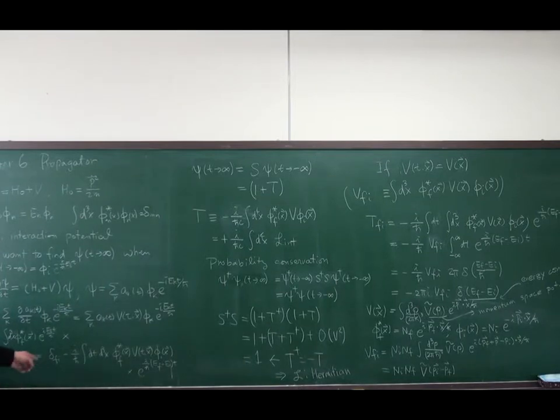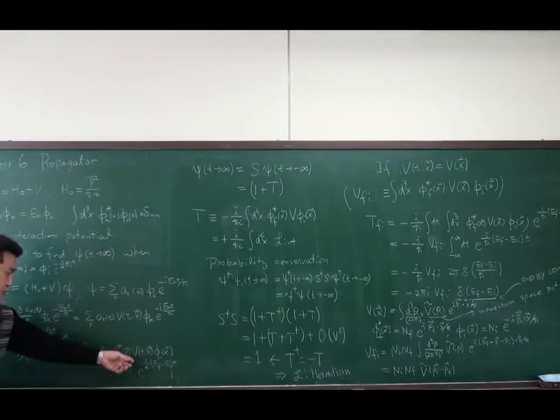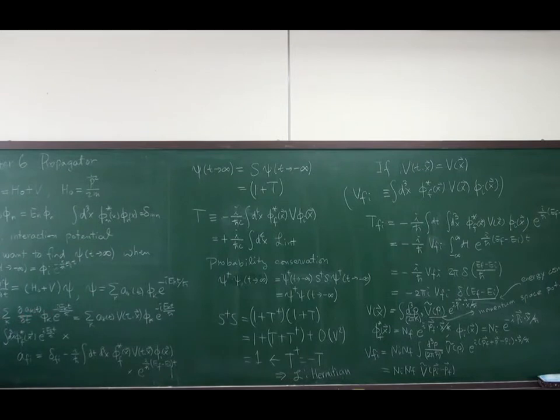So the initial state is the same as the final state. But if we consider V is a very small quantity that can be expanded in powers of V, and we just make a linear approximation by considering the linear term only, then this equation can be solved order by order. That is called the time-dependent perturbation theory.